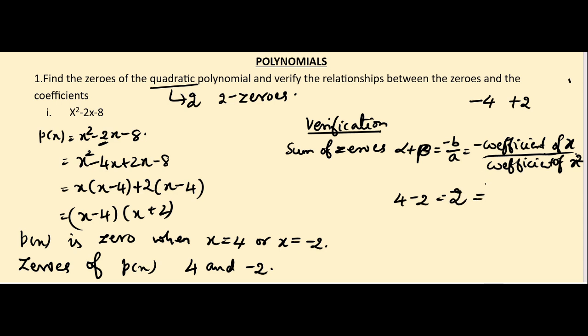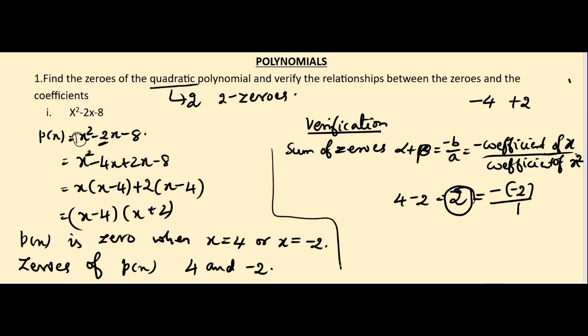Another way: b, the coefficient of x, is minus 2, divided by a. a means the coefficient of x square; here nothing is present, so the coefficient of x square is 1. Minus into minus becomes plus 2, divided by 1, is nothing but 2 only.